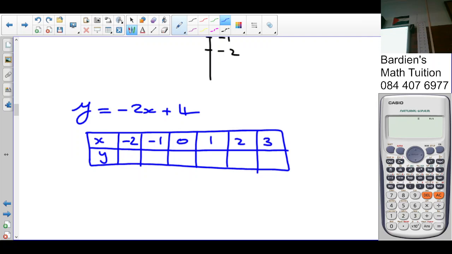Okay, so you guys know what to do now? Yes. So the first thing is, you guys are going to plot those points on the Cartesian plane. On the second graph, on the second equation, I want you to first work out the corresponding y values.